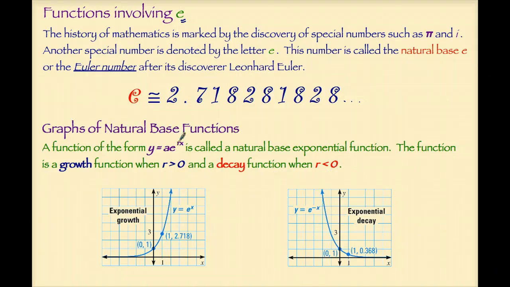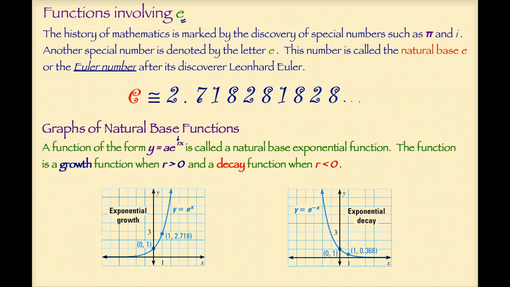So notice that you have a coefficient of the variable now in the exponential position. If that number is positive, as it is in this case, it's a growth function. If it's negative, as it is in this case, it's going to be a decay function. Now, since e is this decimal, most of the time, maybe all of the time, when you're graphing these, you would want to use a graphing calculator just to graph the decimals that are going to occur in these functions.